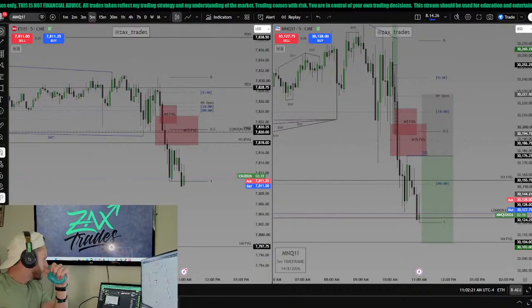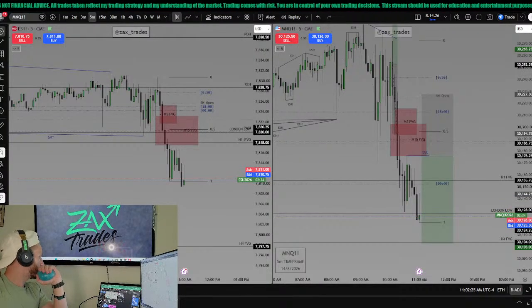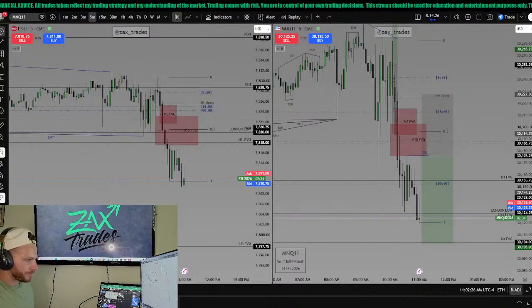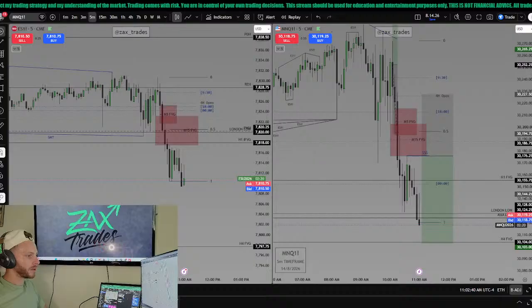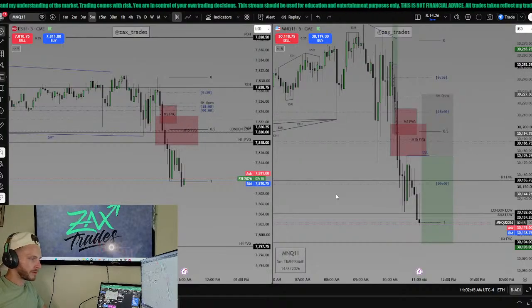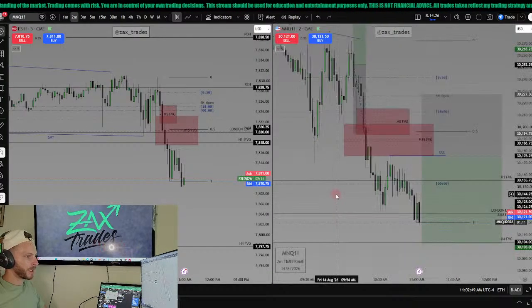But one thing I do know about old Nazi is she can do anything that she wants, if she really wants to. But that may be the hourly high there, and that might be all she wrote. Let's see. Did it even tap that high?